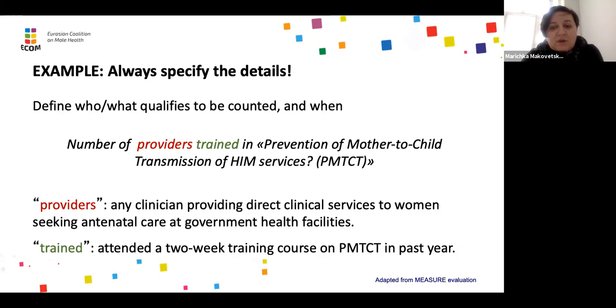So what do you mean by trained? What kind of training, what level of training, what number of days? Here you should also have a definition.